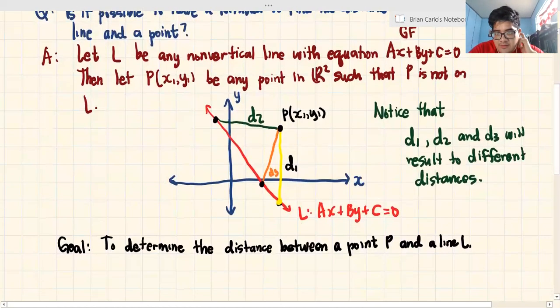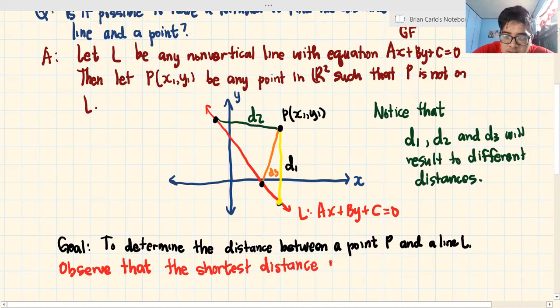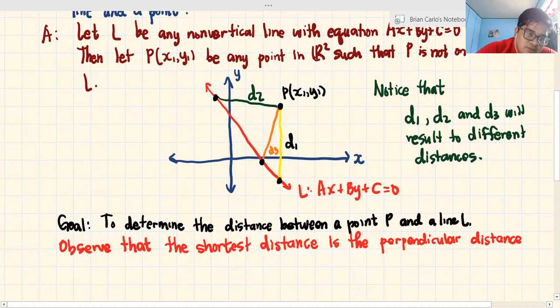Ngayon, observe that the shortest distance is the perpendicular distance between the line L and P1.